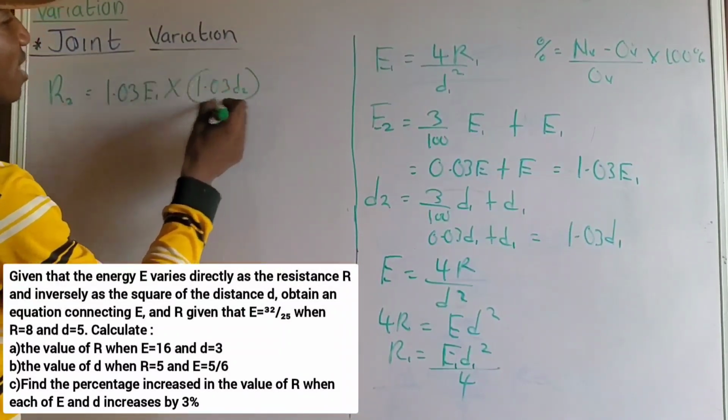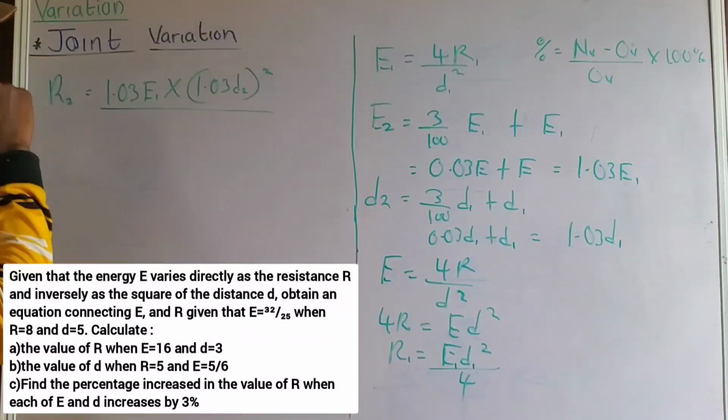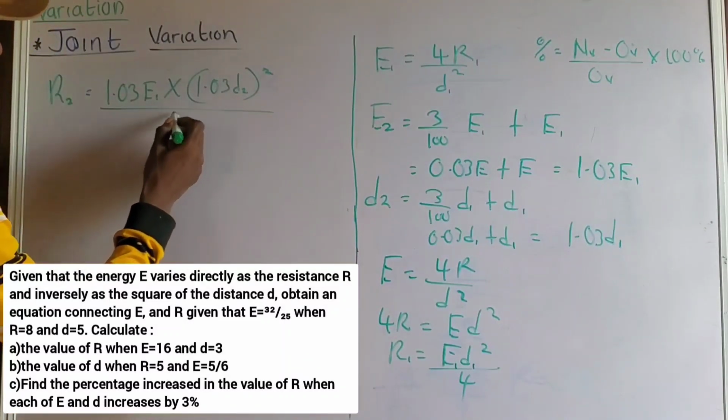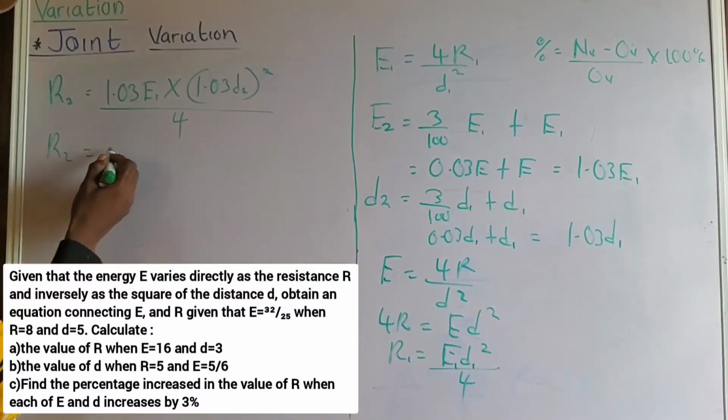Now don't forget that there is a square on D, all over 4, right? So R2 is equal to 1.03 E1.